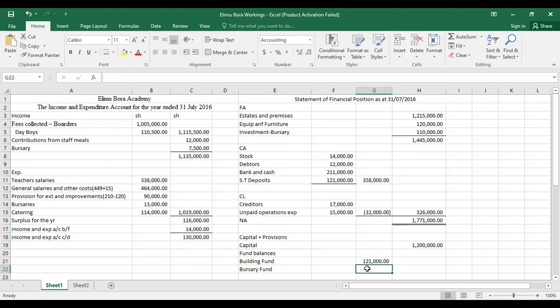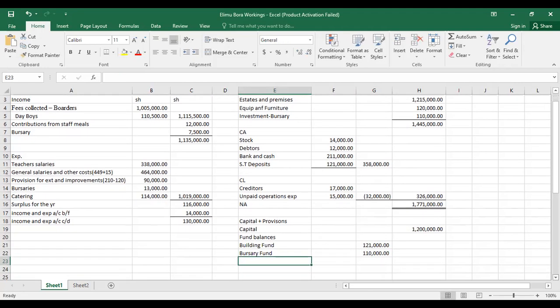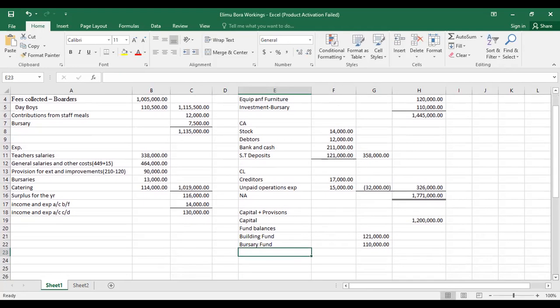Remember the other bursary fund, right? It's an investment, and therefore it will increase our capital. It's an investment of 110,000. Anything else? Then we have now the surplus fund.